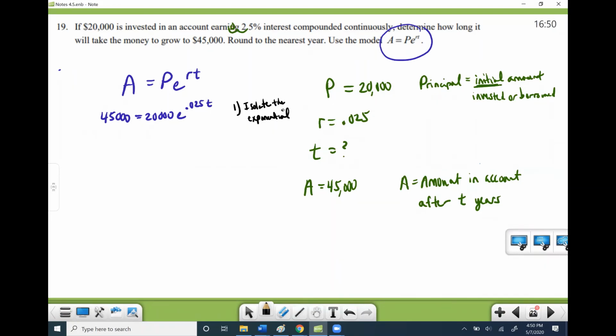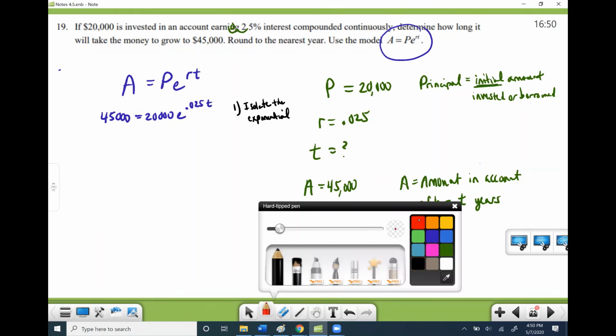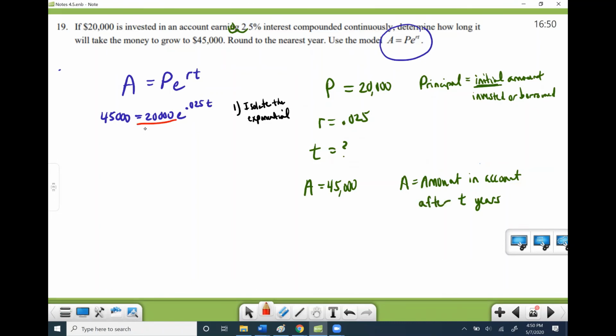Okay. So we've got to get rid of that 20,000. You're super close. Yeah. So we're going to divide by the 20,000 since it's multiplying. Okay. So we've got e to the 0.025t equals, and I'm just going to cross off 3 zeros for 3 zeros.